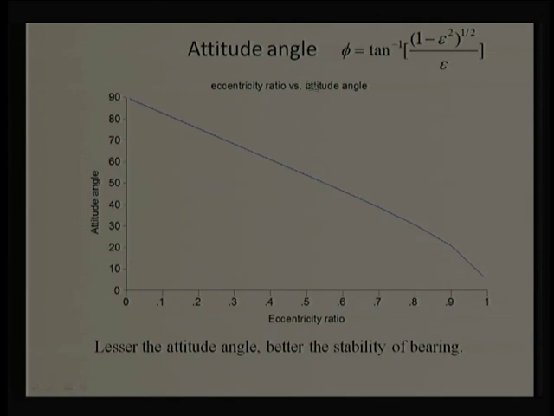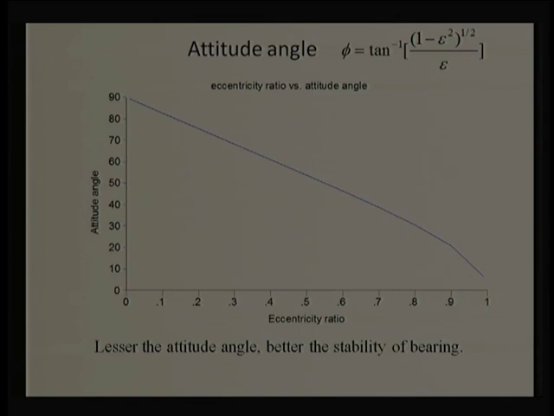When you plot epsilon versus attitude angle, changing eccentricity ratio from 0.01 to 0.99, we find that when eccentricity ratio is very low, attitude angle is very large, almost 90 degree. When eccentricity is very high, attitude angle is much smaller.